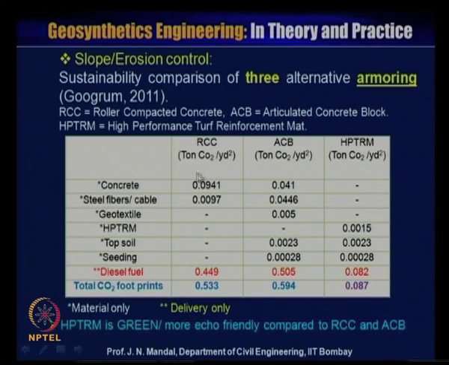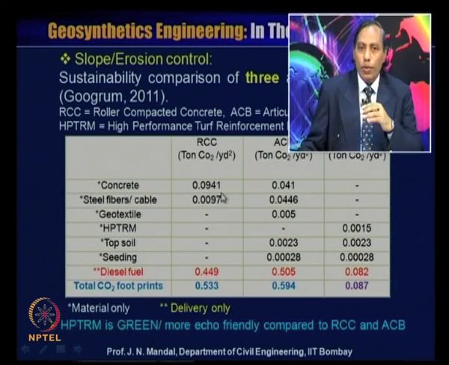So you can see that for RCC, ACB or HPTRM, the unit is ton carbon dioxide per year. For concrete, material only, RCC is 0.0941 ton carbon dioxide per year, and ACB, articulated concrete block, is 0.041. For HPTRM you do not need any concrete.